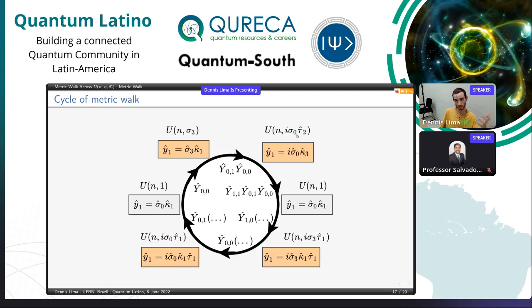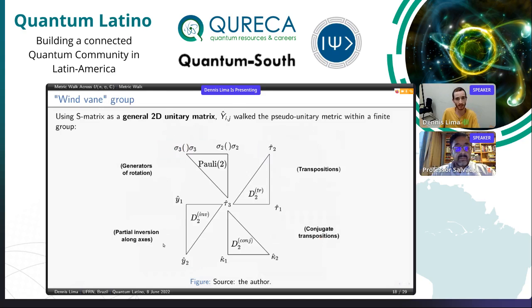I sigma 0 tau 2. This tau 2 is representing a similarity transformation rather than a single matrix for the metric. Then we come back to identity, and we have all the metrics appearing here, all the similarity transformations for our constraint. And these operations, you see that they are changing within a discrete group, a closed group.